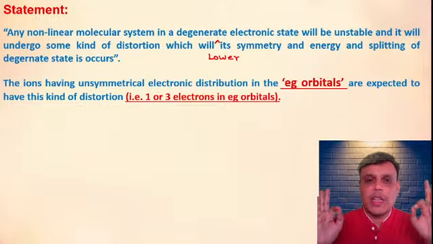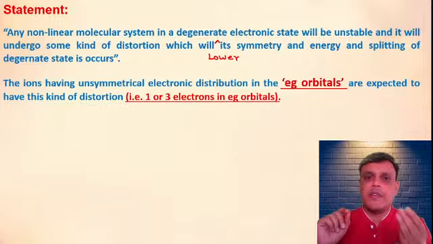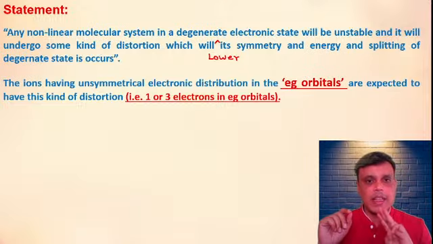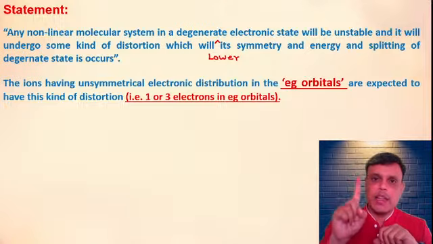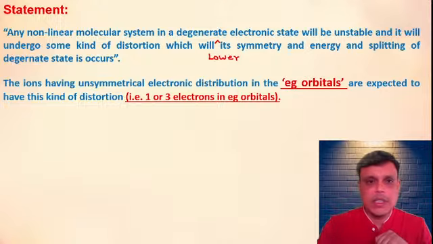When the Eg orbital contains 1 or 3 electrons, then automatically its filling is unsymmetrical, and then the Jahn-Teller distortion takes place. Very very important. Okay, so this is the second point.